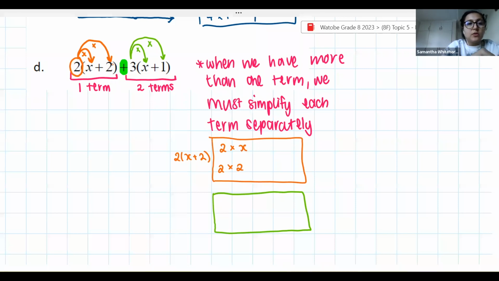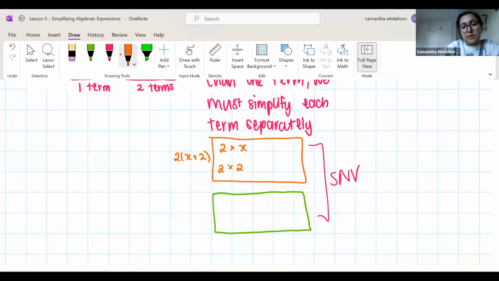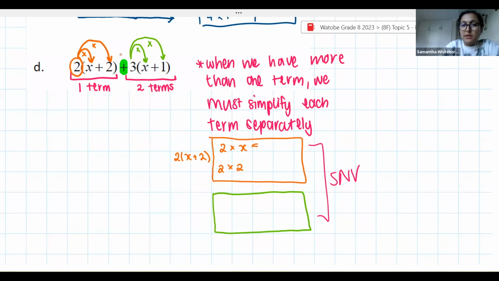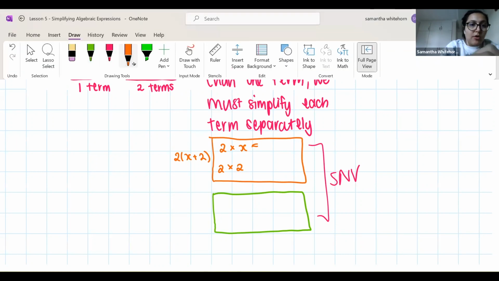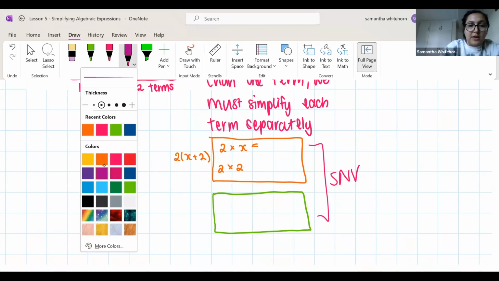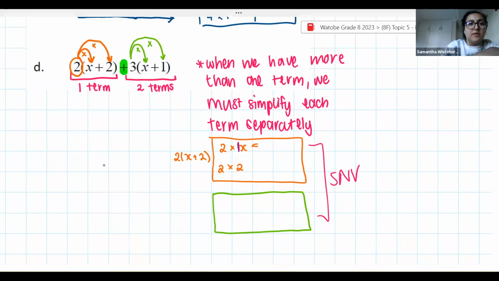Now we always want to remember signs, numbers, variables when we multiply. Here I've got a positive 2 times a positive x, so my answer is positive. And remember I've said to you that there is always a coefficient to any variable, so there is a 1 in front of that x.